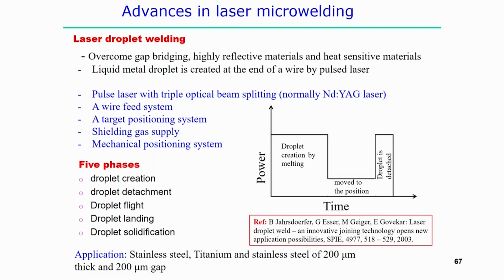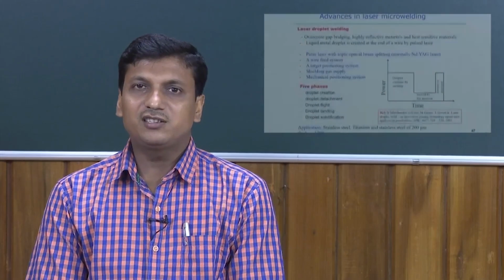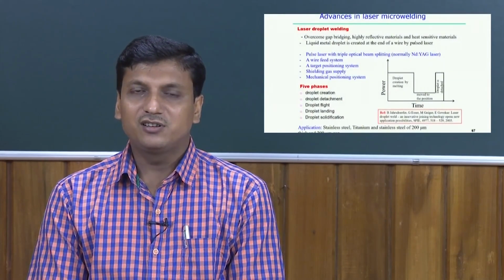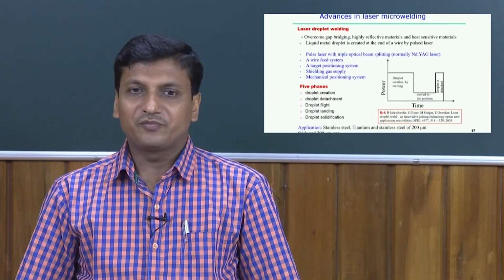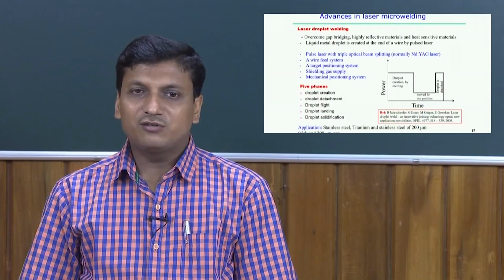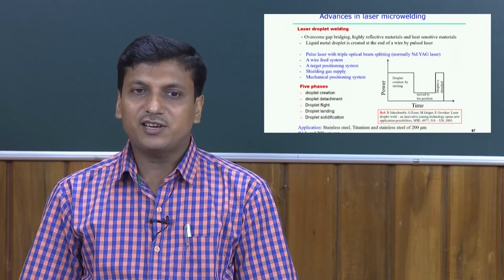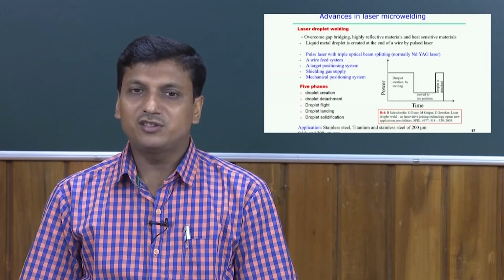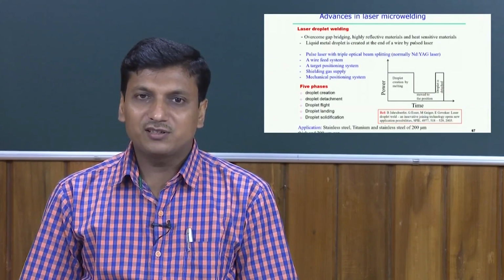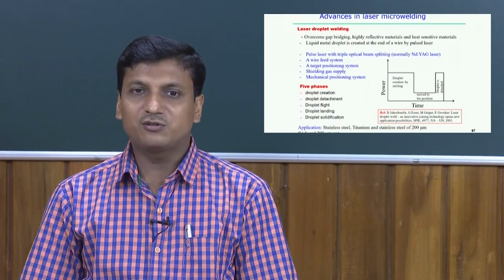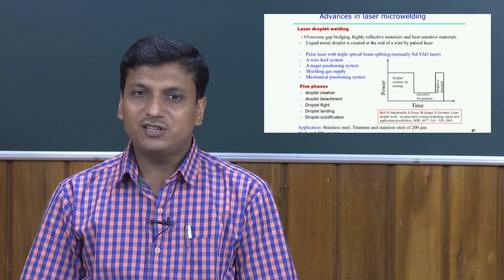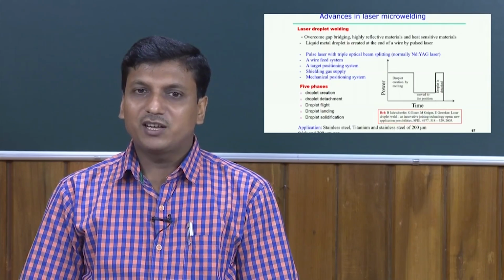Most of the time, a good joint of titanium and steel is obtained using solid state welding processes, but using the laser droplet welding process, titanium and stainless steel can be joined in 200 micrometer thick plate, even if there is a gap of 200 micrometers. In terms of the plate thickness, a gap of 200 micrometers is really very big, so using this technology that kind of typical problem can be solved.